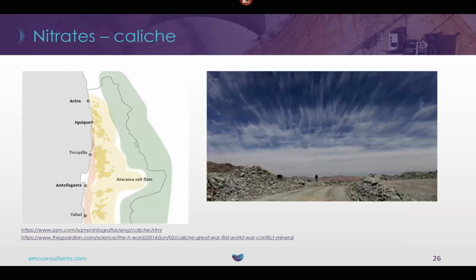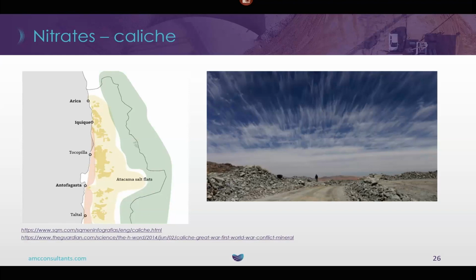Now, the first one we're going to look at is nitrates. For those of you that can remember 4 or 5 slides back, it didn't actually talk about rocks at all. Interestingly enough, some of the first fighting over natural resources were due to nitrates. How nitrates form, they tend to be found in the Atacama salt flats.